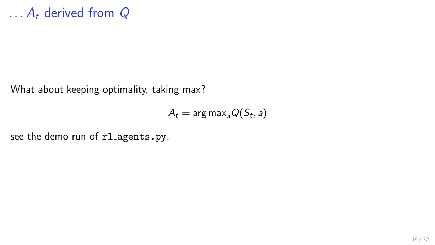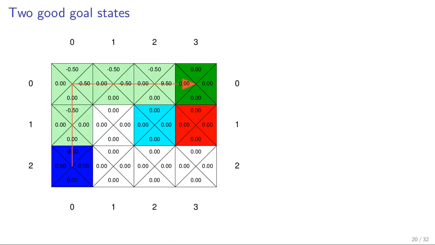So let's have a look at what effects this can bring. I could always take the max, but I can run into problems. So imagine we have a maze like this, and let's say we have two states that bring rewards.